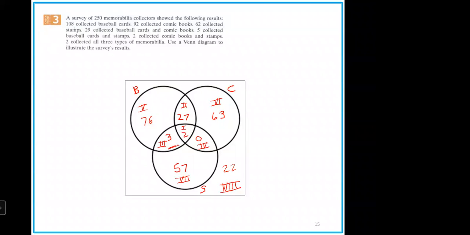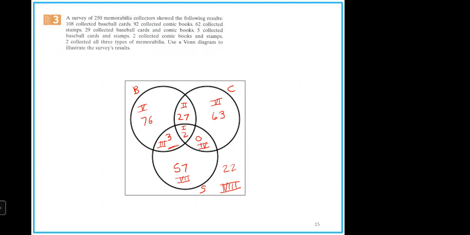All right, so basically we're following that process of identifying the intersection of all three. Then we look for the regions where it's 2 and subtract from that to fill in those regions. Then we look for the information that tells you the total amount in that circle, add up what's already in the circle, and subtract it from the total.